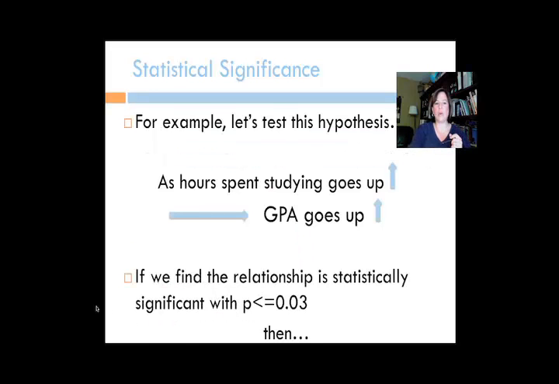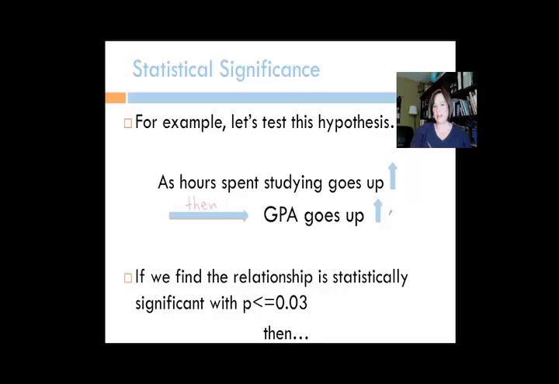Okay, a little bit more about this concept of statistical significance. Let's look at this hypothesis. As the hours spent studying goes up, this is my notation, then GPA goes up. So this is my hypothesis.